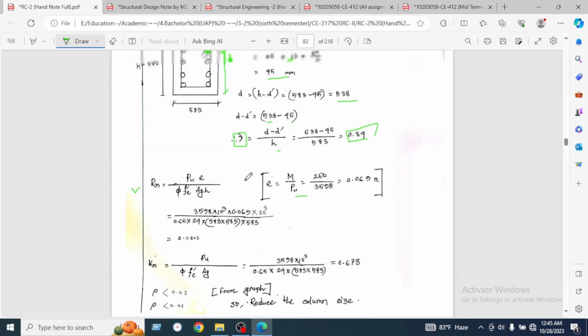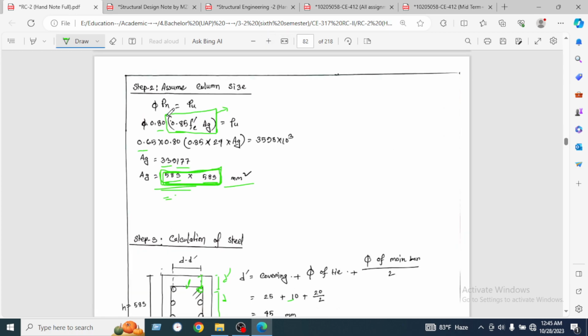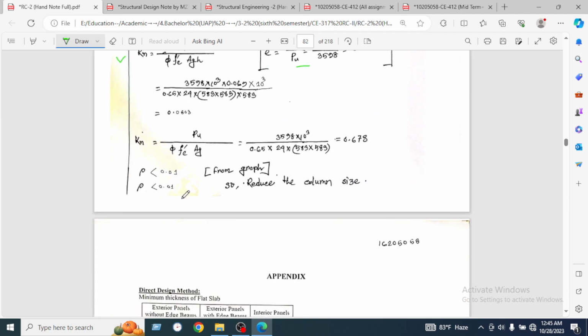I want to say that we have at first assumed the value 583. This is not an exact value, because we have considered only the concrete taking all the forces; no steel participates in taking the force. That's why we just assumed 583. This is the first trial, and for the second trial we reduced this value, as the rho value was very low.